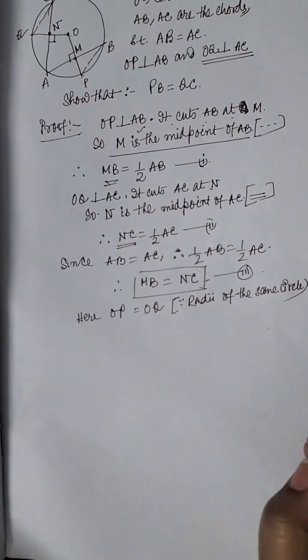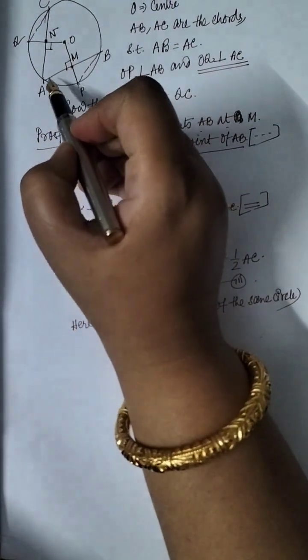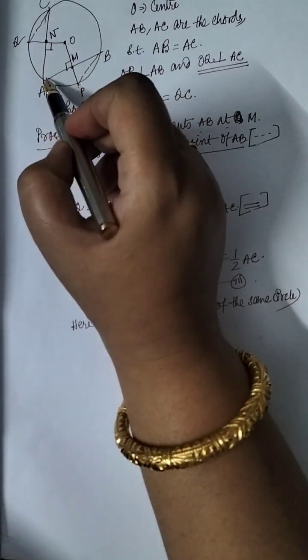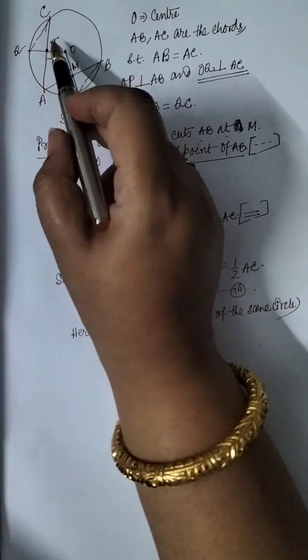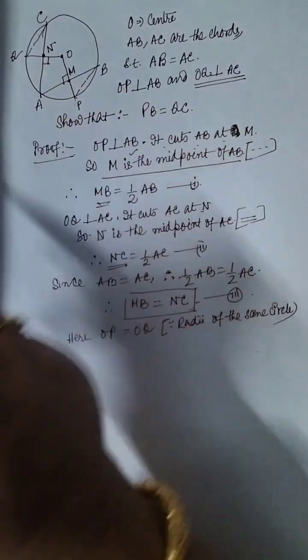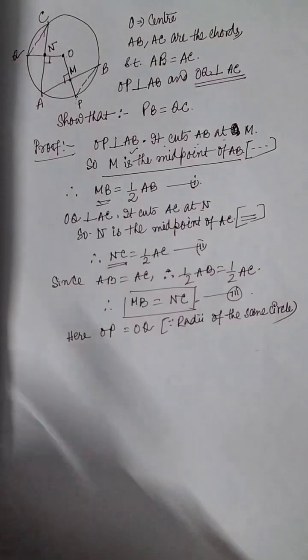Okay. And look, OM is the perpendicular distance of the chord AB from the center O, and ON is the perpendicular distance of the chord AC from the center O. And the chords are equal, and we know equal chords are equidistant from the center of a circle. It's a very important property of a circle.